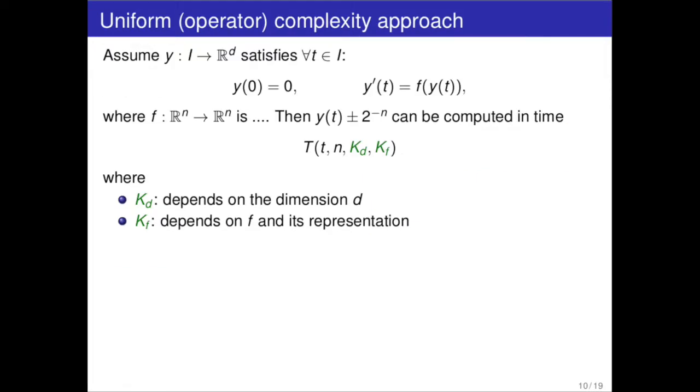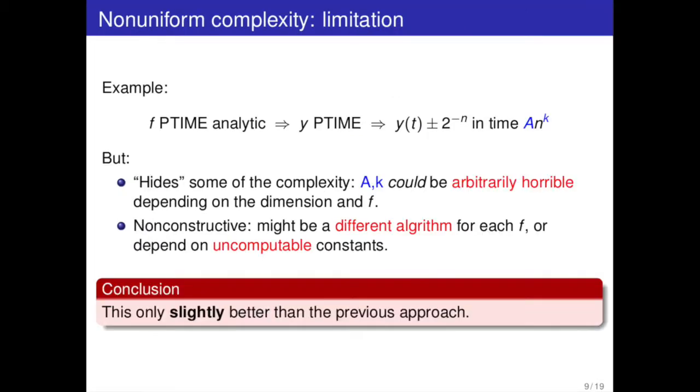If you want to do better, there's actually a theory about this, which is called uniform or operator complexity. Wait, so you mentioned slightly better. Could you say what exactly is better? It's better because now you really look closely at the complexity classes, and the algorithms are all correct, and all the constants, if you are willing to read the proofs, they're actually there.